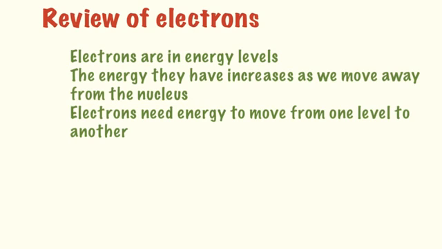Because there are so many of these possible energy levels, the electrons can move between them if they have the required amount of energy to exist in the next level. And this is one of the things that is key to the whole idea of spectral lines.